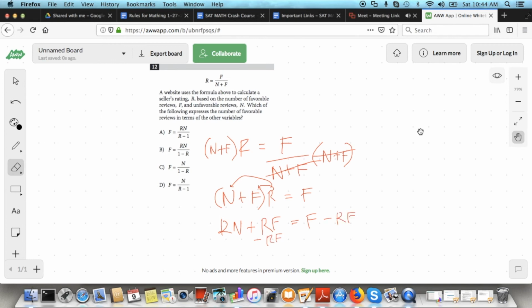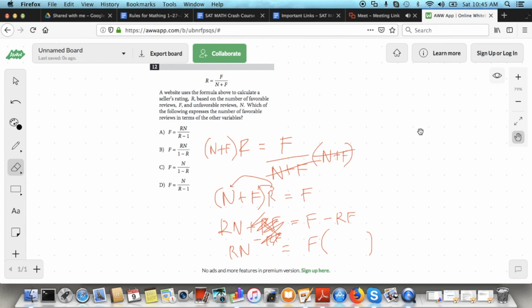And that gives me RN equals F minus RF. This is the part that throws off most students because they don't know what to do with it. I've got an F and an RF. What do I do? The operation here is you want to factor out the F. So F times something in parentheses equals RN.